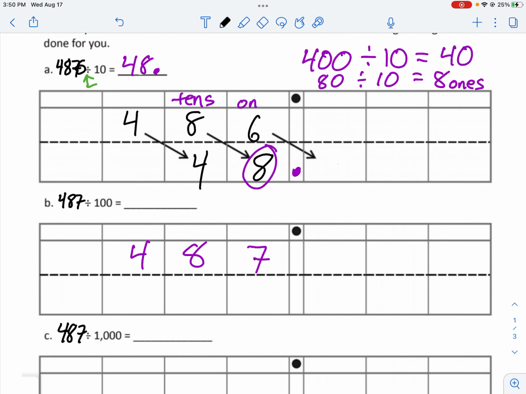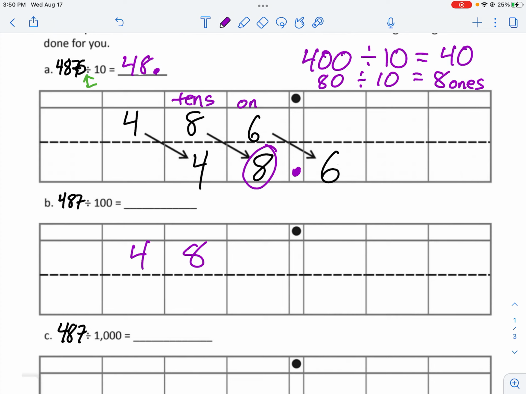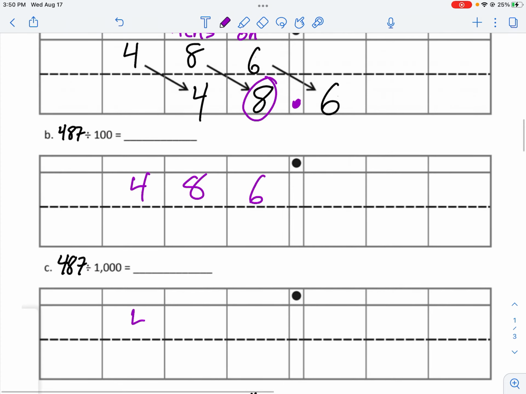I wanted to keep the same digits as on the last one above. So please bear with me. This should be a 6, so I'm going to change this to 6.